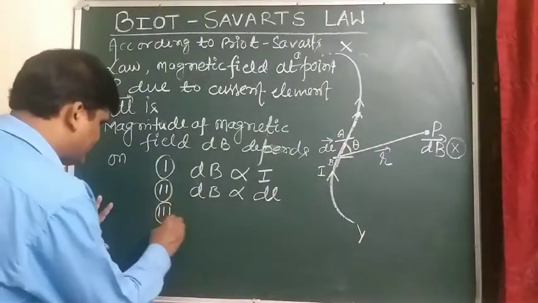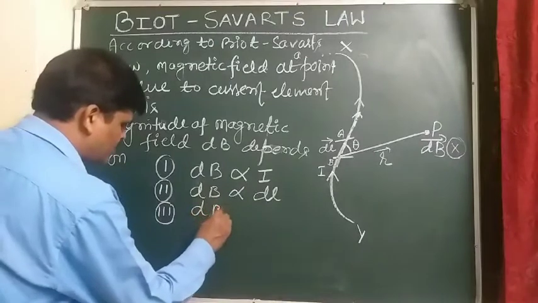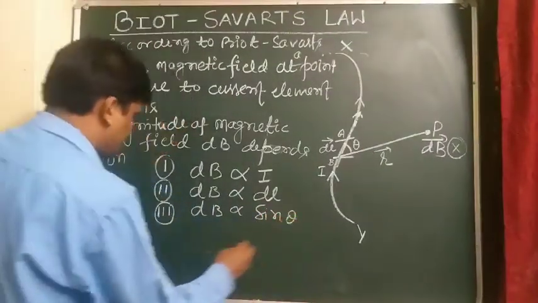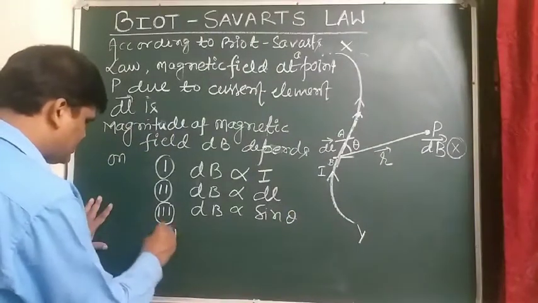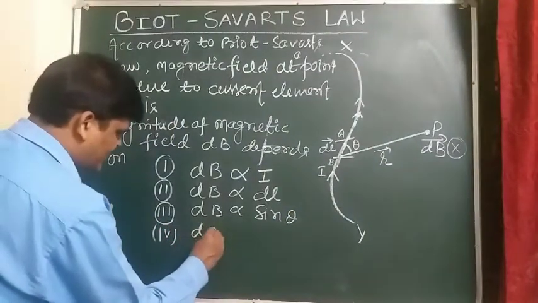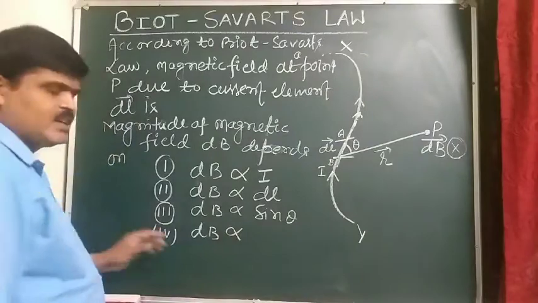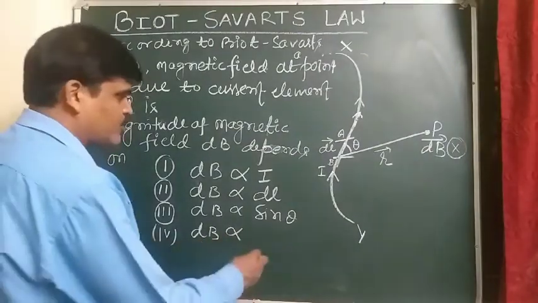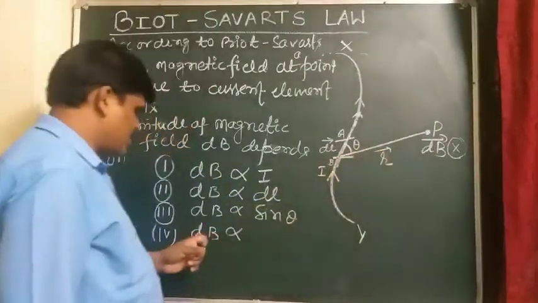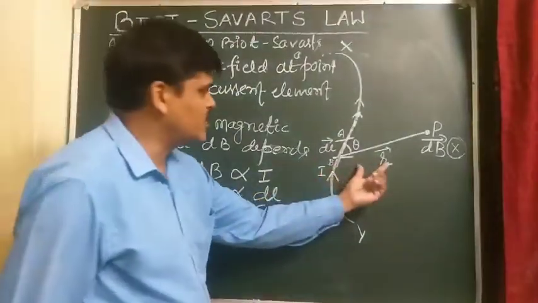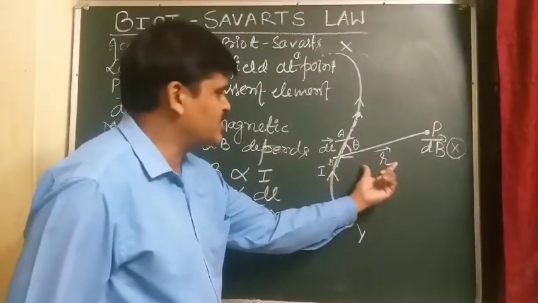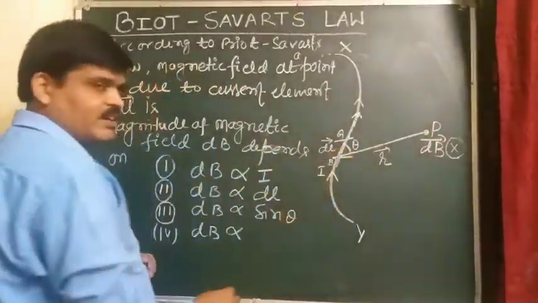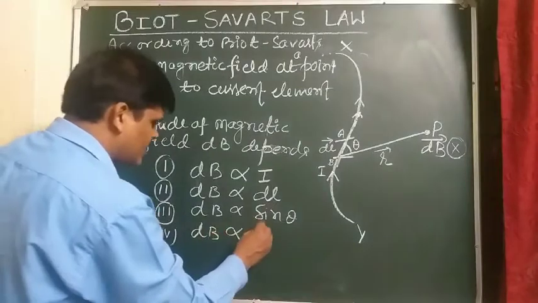Third, the magnetic field is also proportional to sine theta. And next, student, this magnetic field dB at a point P due to current element dl vector is inversely proportional to the square of the distance between point P and the current element vector, that is r square.